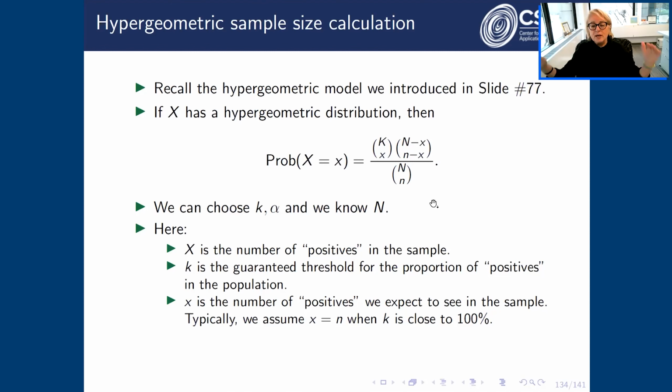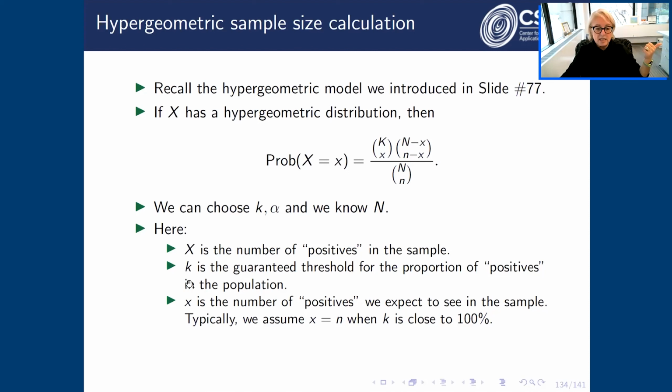So in order to undo this and find out what is the little n I need in order to be able to say that the number of positives in the population is at least this many, what do I need to do? First of all, I need to come up with a K I want. So 85% of the items in the population are positive, or 90%, or 57% of the population items are positive.